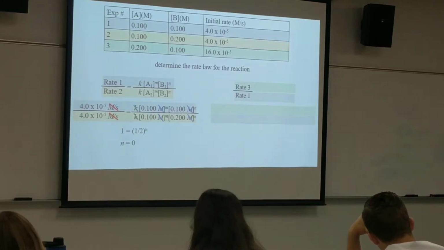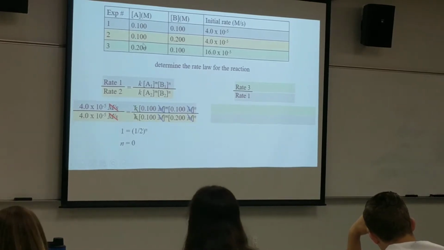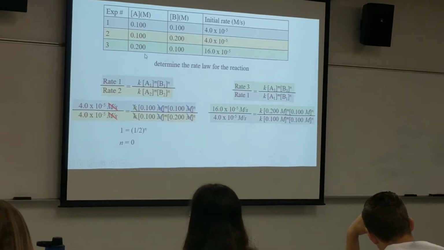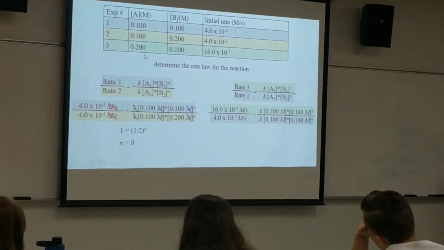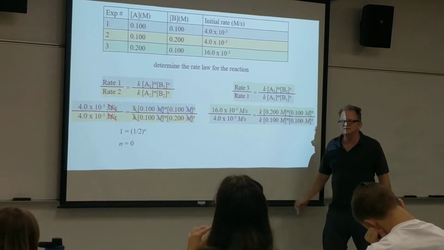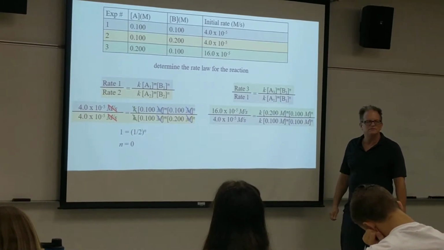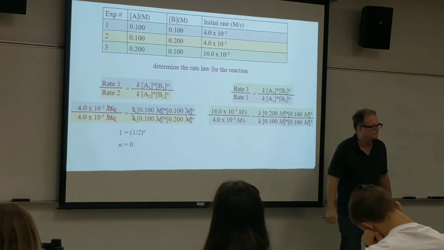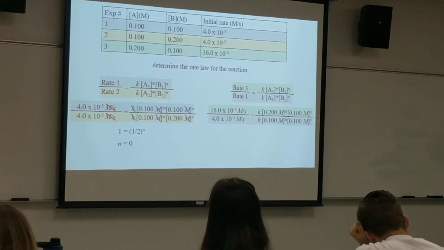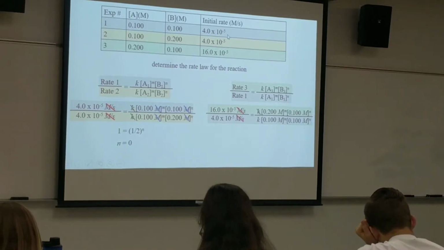3 divided by 1. Okay. These cancel. What is this? 4. This is 4. Right? The A's cancel.